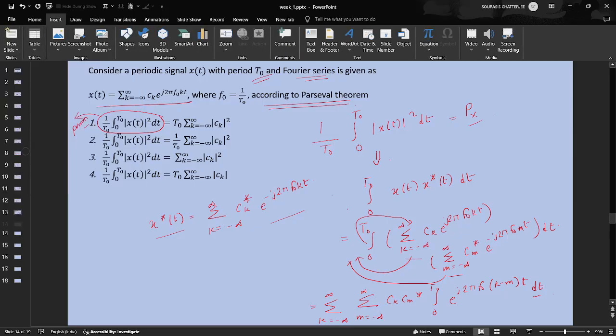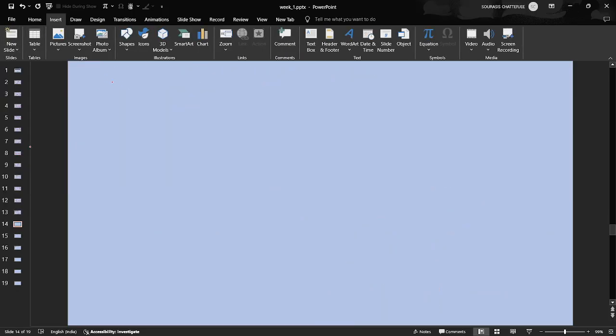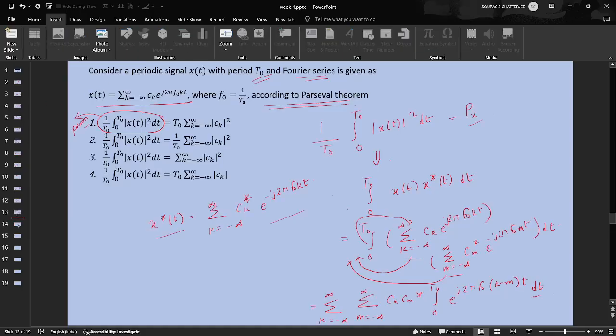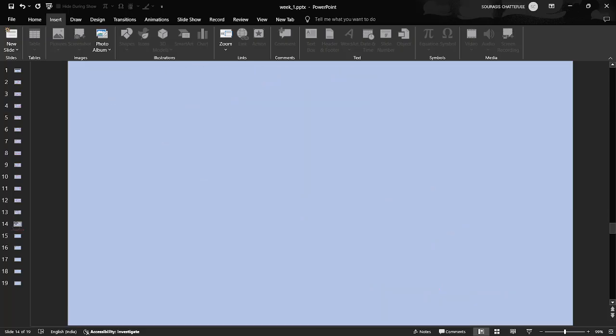Okay, so what we have as of now, we are computing this integration and we have reached this part here.